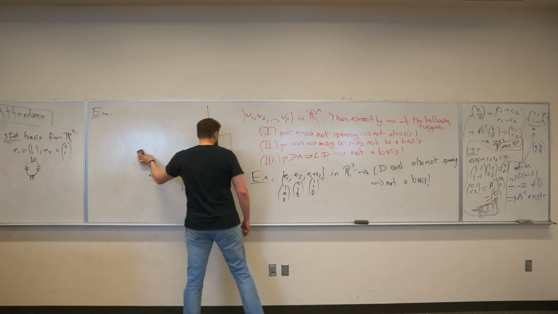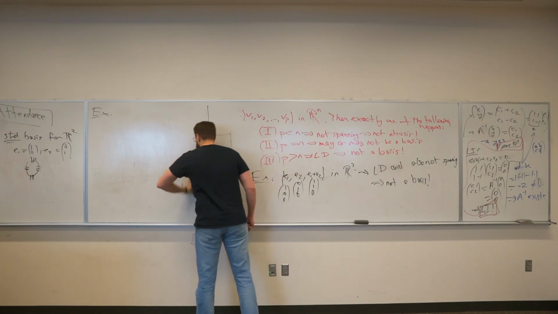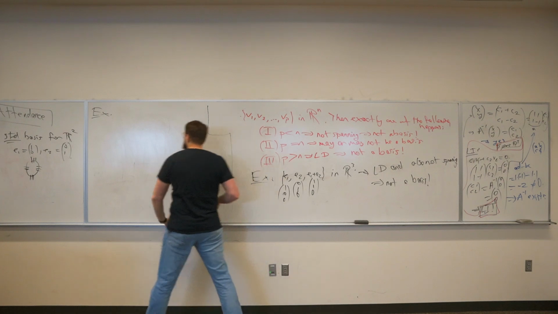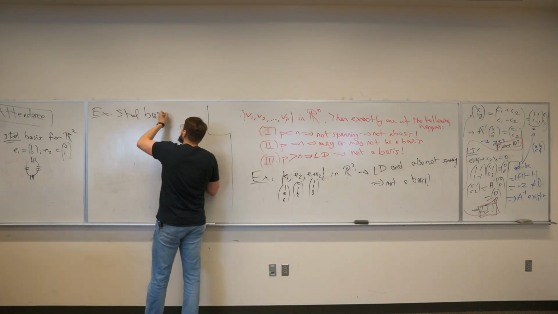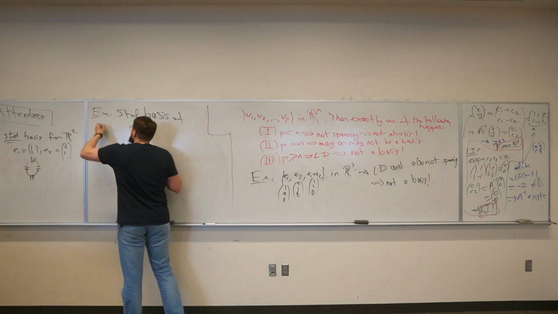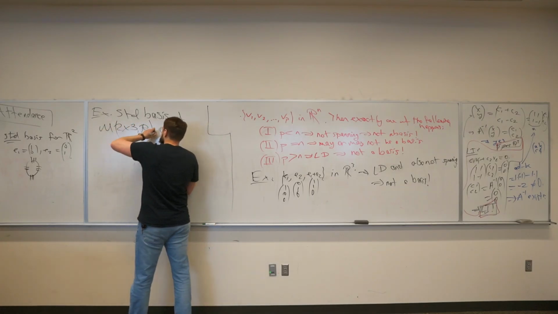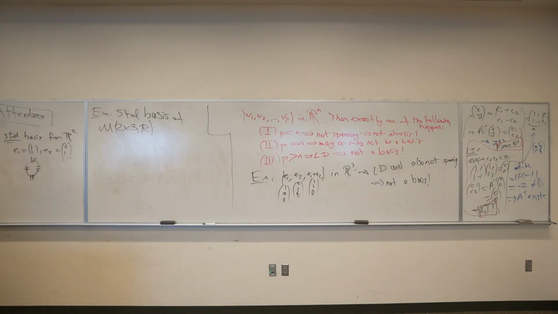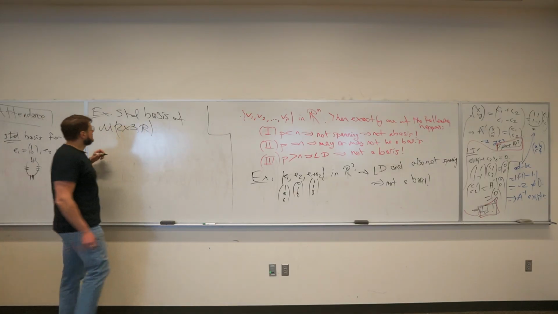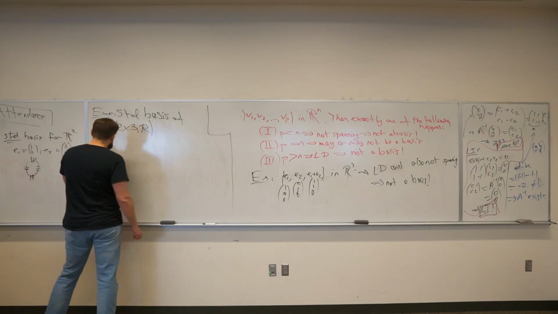So the standard basis of the space of 2×3 matrices. I'm just going to write that down and leave it to you to verify linear independence and spanning. So it's going to be like so.